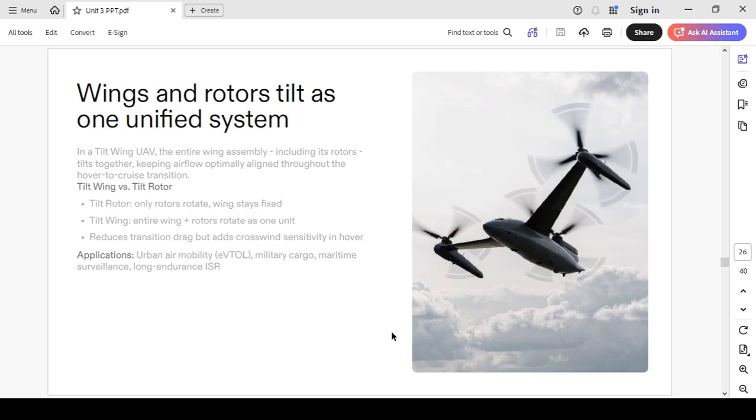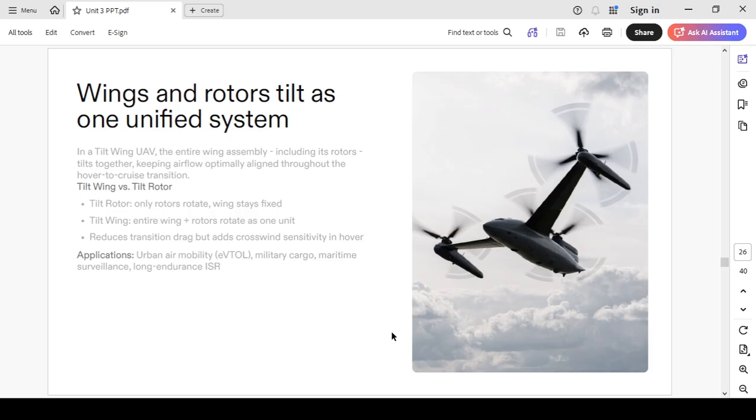In the tilt rotor, only two rotors rotate and the wing stays fixed. In the tilt wing, the entire wing rotates, or the rotors rotate as one unit, which reduces the transition drag. Applications would be urban air mobility, which is a booming area in research, where aircraft for shorter ranges will be replaced using urban air mobility.